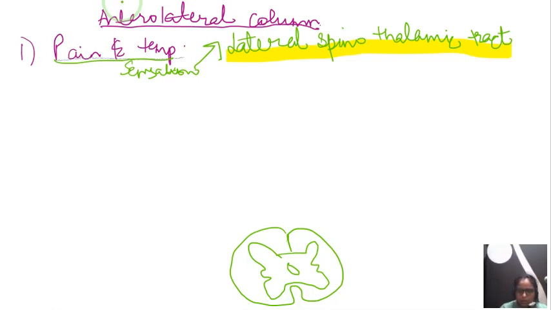I have told you earlier also. This is your dorsal area. From here the receptor comes.